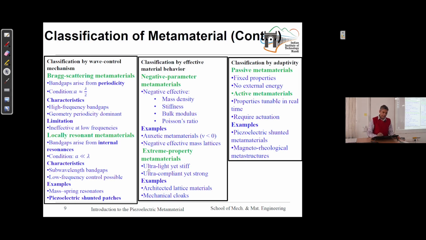We have ultralight yet stiff. So say rho is almost 0, ultralight means rho is equal to 0, and the stiffness K is very high, but usually this is not possible, right? In fact, density and K are proportional, if you see the relations.